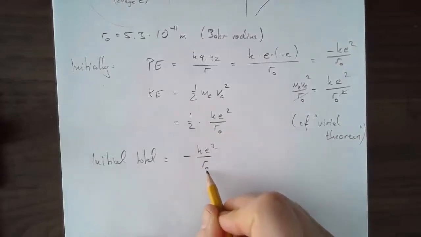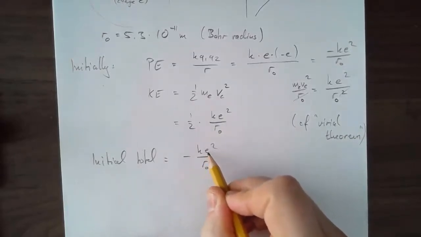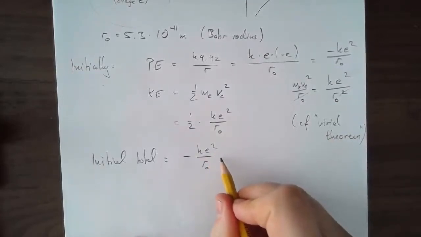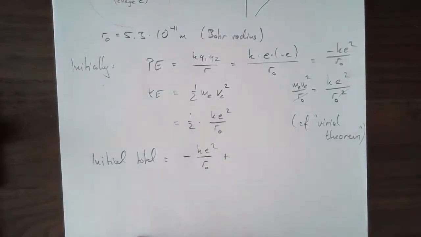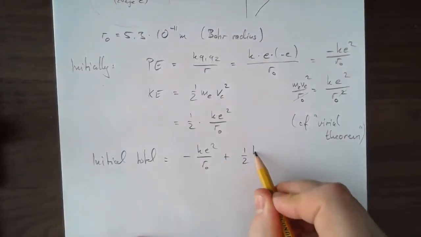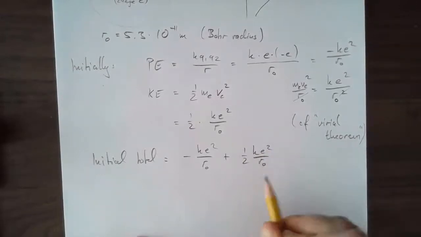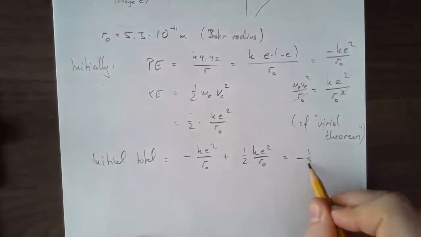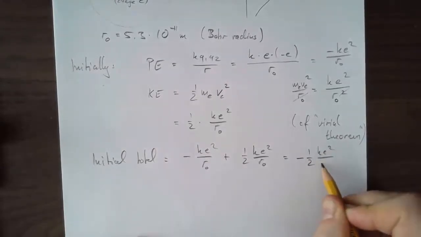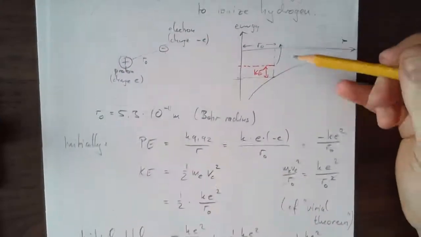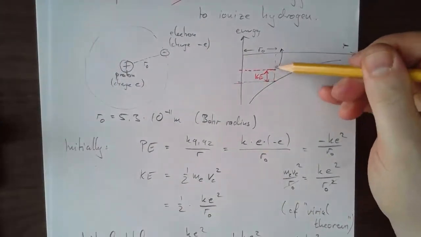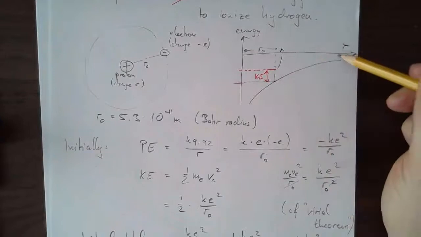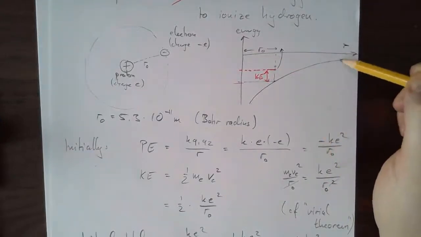We know what all those values are: this is the Bohr radius, this is the electron charge, 1.6 times 10 to the minus 19 coulombs, and this is K. Then we add the kinetic energy, 1/2 K e squared over R naught, and that comes nicely to minus 1/2 K e squared over R naught. So on my graph, the way I should have drawn it is that the kinetic energy takes it exactly halfway up to the total zero energy line that we want to get to in order to make it out.